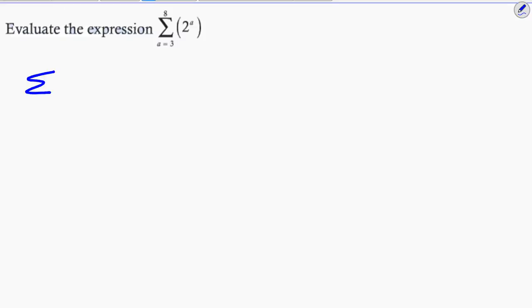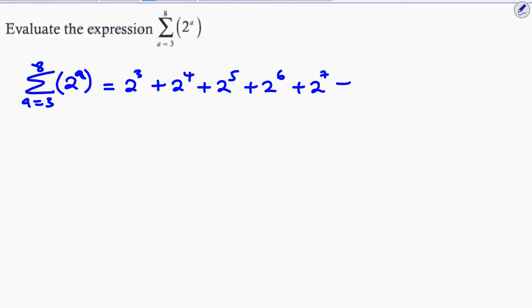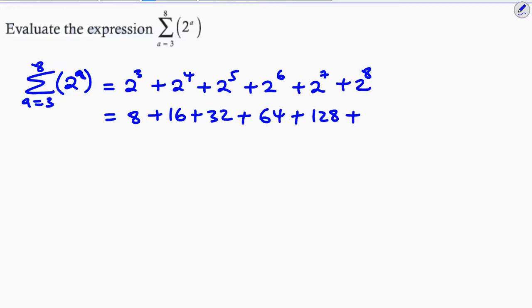So the sum from a is equals to 3 to 8 of 2 to the power a will be 2 to the power 3 plus 2 to the power 4 plus 2 to the power 5 plus 2 to the power 6 plus 2 to the power 7 plus 2 to the power 8, which will be 8 plus 16 plus 32 plus 64 plus 128 plus 256. Now if you add all these up, they will be equal to 504.